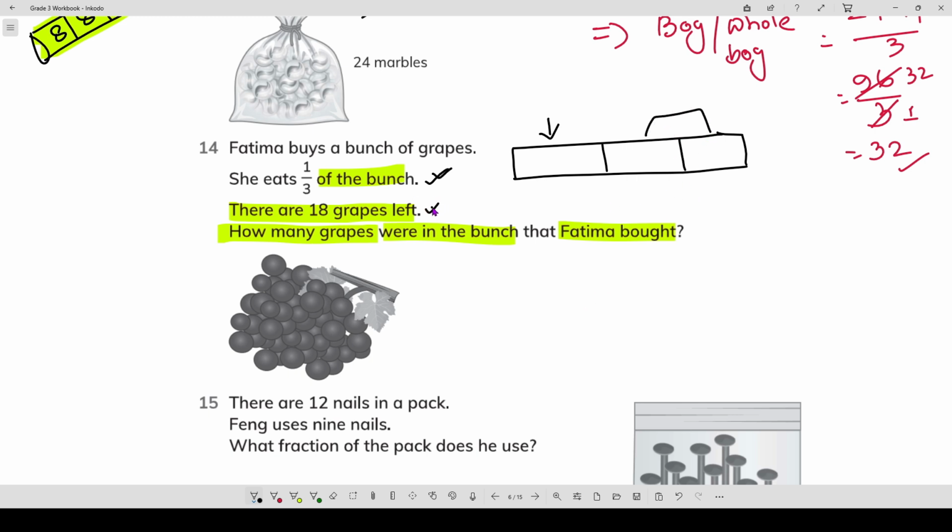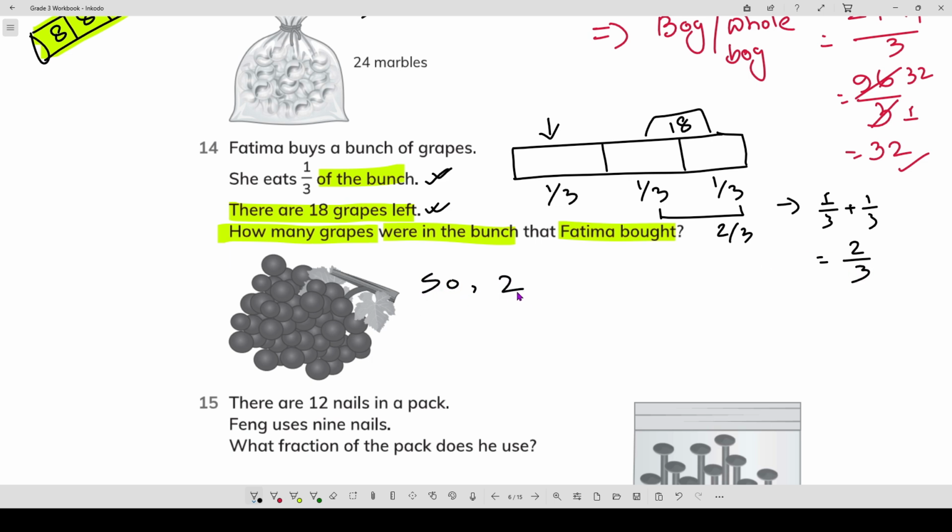How many? 18. It means this is 2/3. How? We can say this one is 1/3, 1/3, and 1/3. So it means 2/3, right? Because we know 1/3 plus 1/3 equals 2/3.